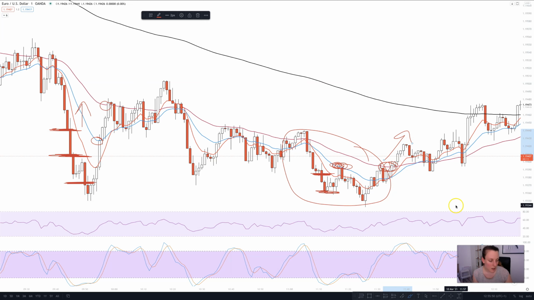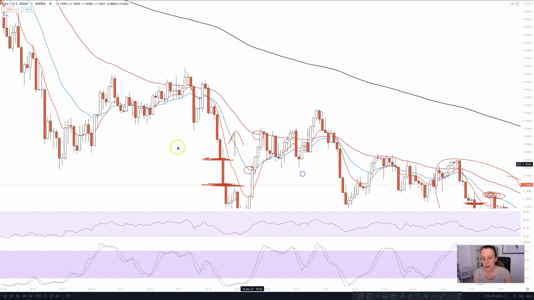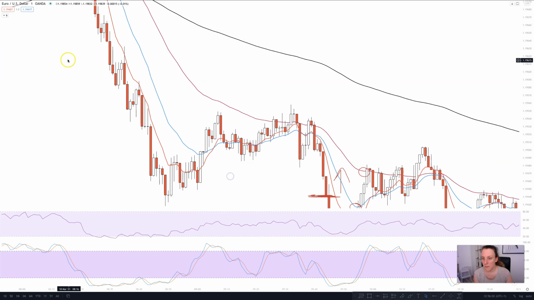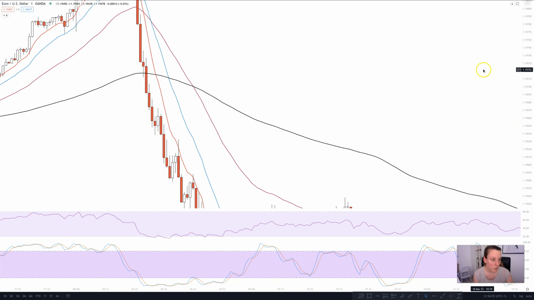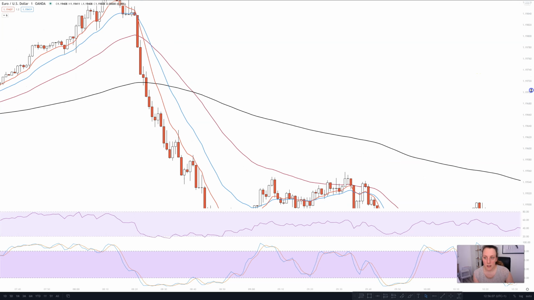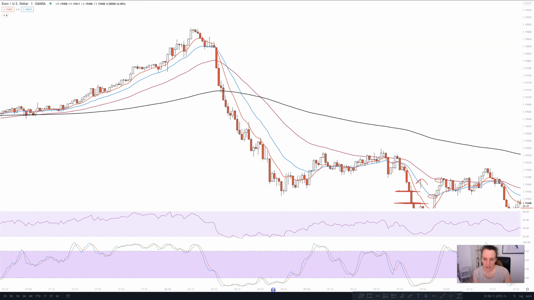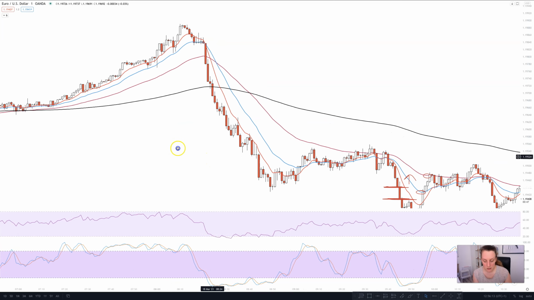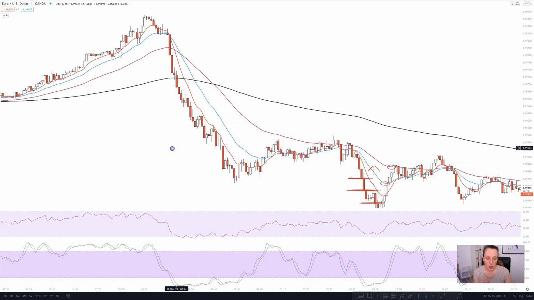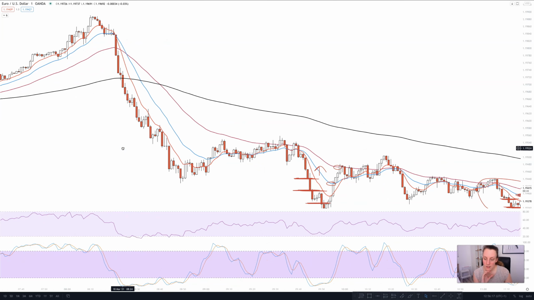So I will show you an example in the uptrend. And the other thing I want to show you here: if you have a really, really strong trend, it's not... okay, how can I tell you this?